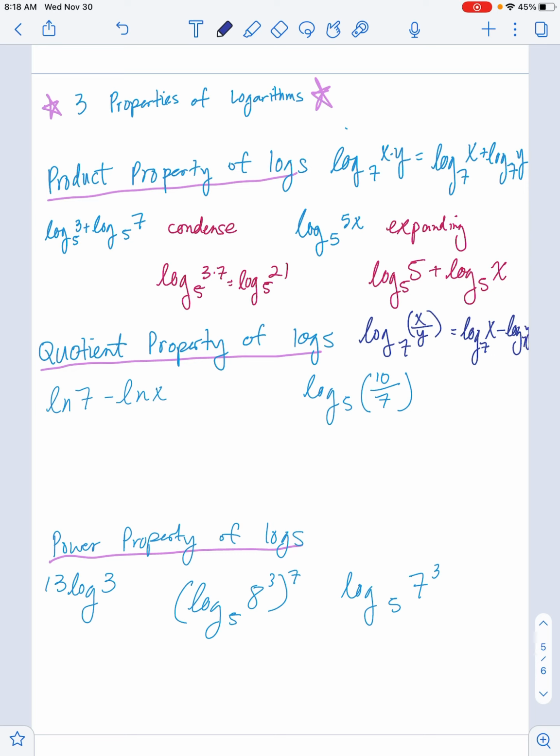So I have two separate logs, same base, but they're subtracting if they are dividing in one log.